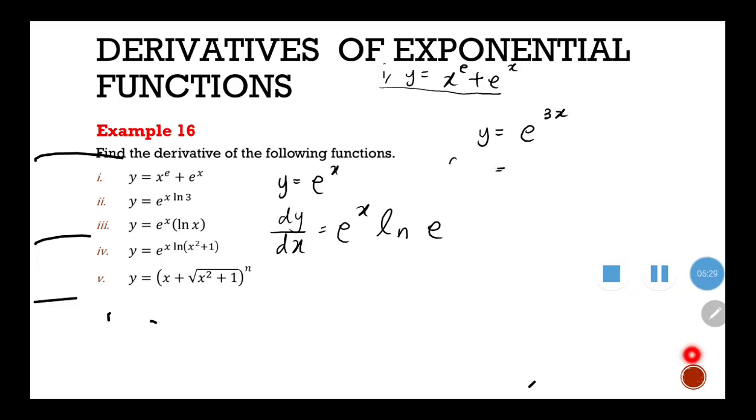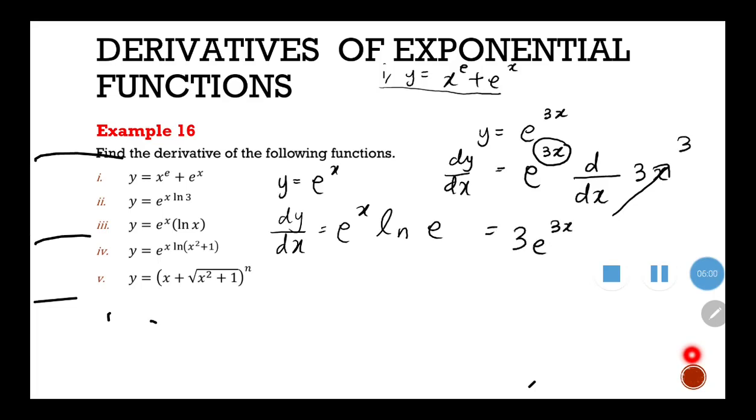So what the dy/dx for this should be: rewrite back the e to the power of 3x and then the derivative of the 3x here. The derivative of 3x, what is it? You will get 3, right? So the final answer is 3e to the power of 3x.